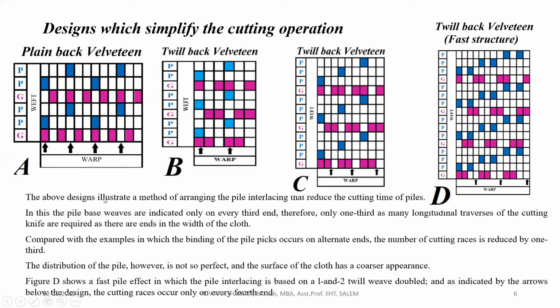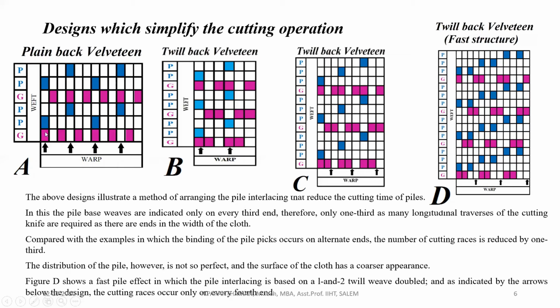From these above designs listed, a method of arranging the pile interlacing reduces the cutting time of piles. In this, the pile weave is indicated only on every third end. See the design? In the previous slide, the pile ends are marked on alternate ends, but here we are using a different marking.